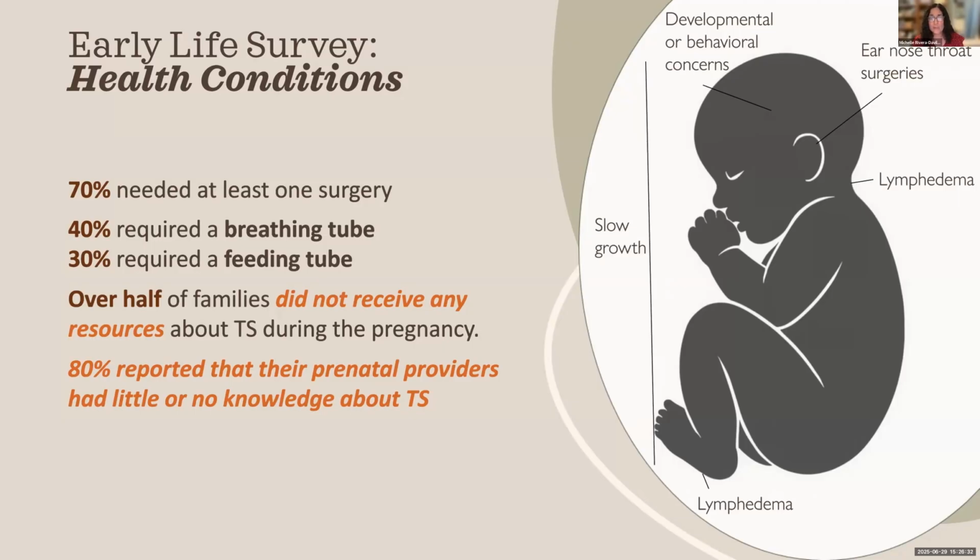And 80% reported that they felt their prenatal providers had little or no knowledge about Turner syndrome. Only about 15% were referred for genetic counseling. Most of these individuals were seen at private OB clinics or community hospitals.